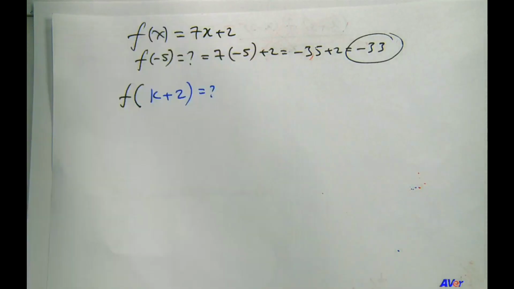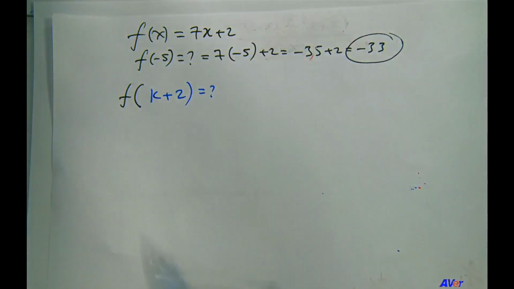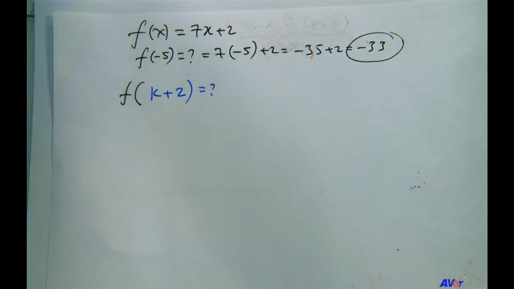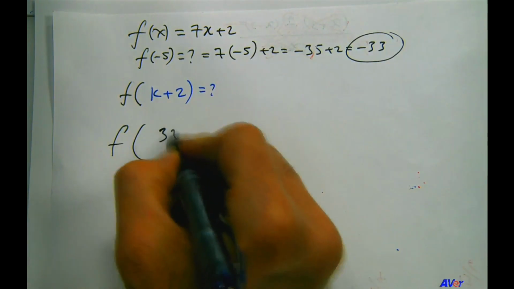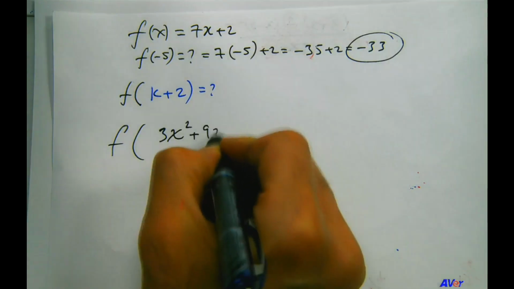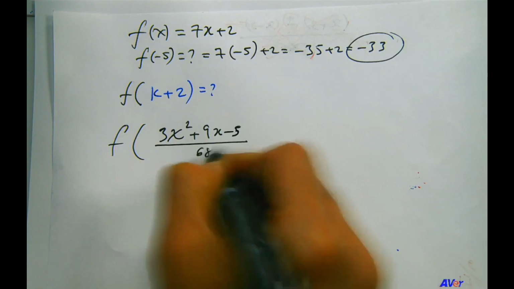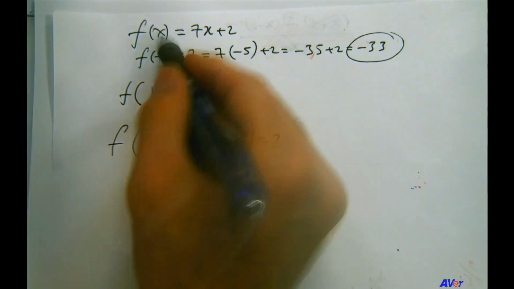But you should know that x can take any entity as its value. Can it take -5 as its value? Yes. Can it take k plus 2 as its value? Yes. Can it take this as its value? Yes. x is a variable.